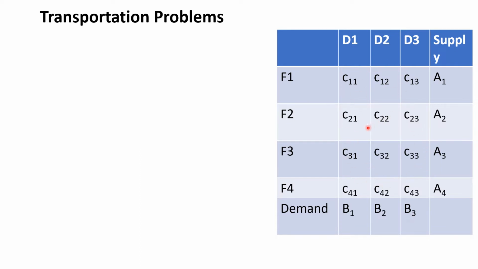So suppose if I say C21, that means how much cost has to be borne to transport a single commodity from source F2 to destination 1, that is C21, right? Similarly, C43 represents the cost to be borne to transport a single commodity from the source F4 to destination D3, right? So that is what will be mentioned to us.